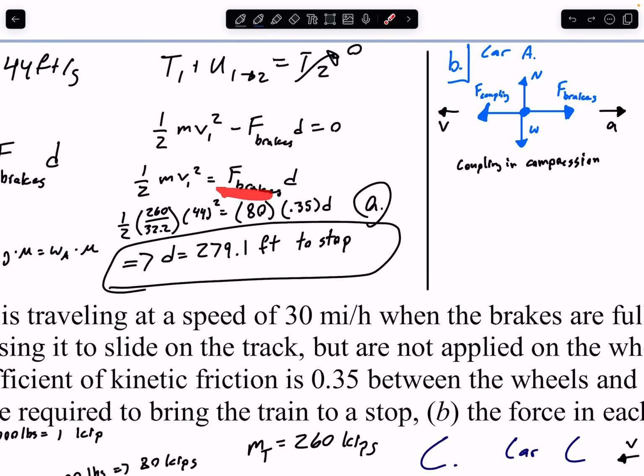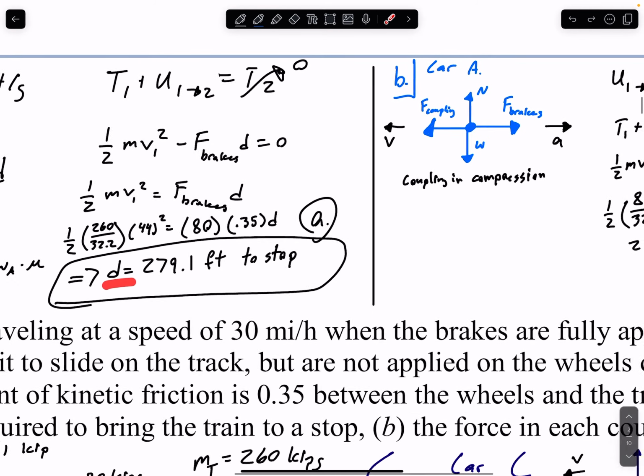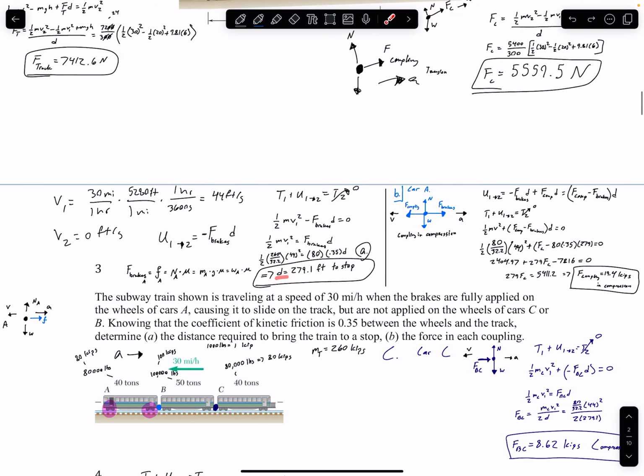Anyways, sub that into there, and we do a little algebra again, and we get that D is equal to 279.1 feet until it stops.